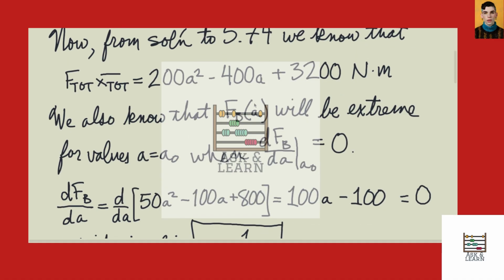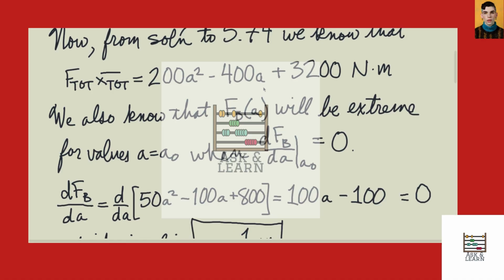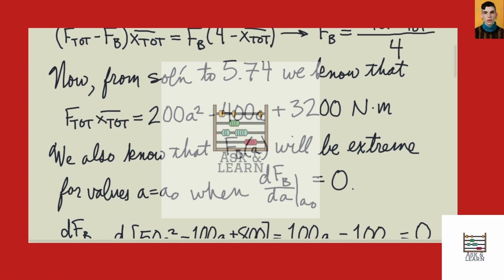From the previous problem, 5.74, we derived that the total torque about the centroid of the total load is the polynomial relation 200a squared minus 400a plus 3200. Each of these terms is in newton meters as their torques. If you'd like to see how that was derived, please see the solution for problem 5.74.